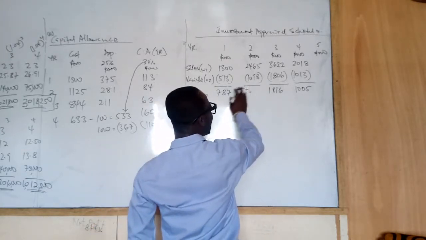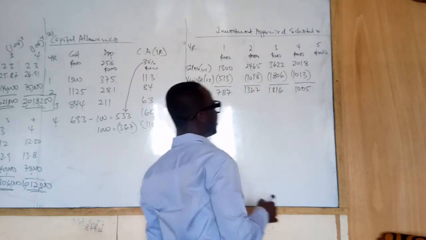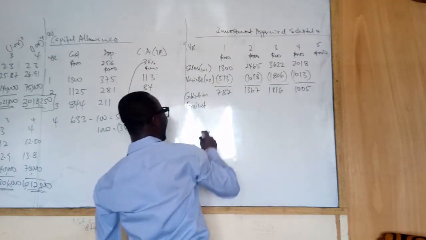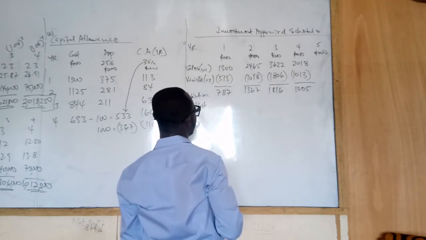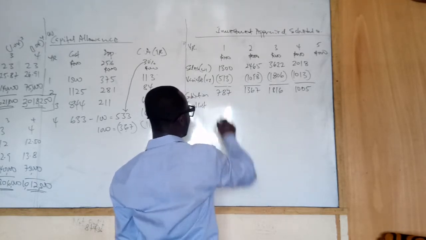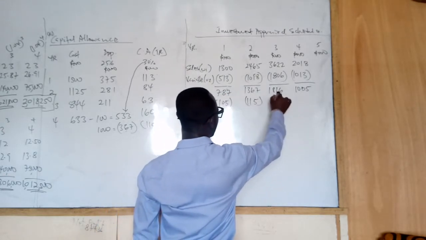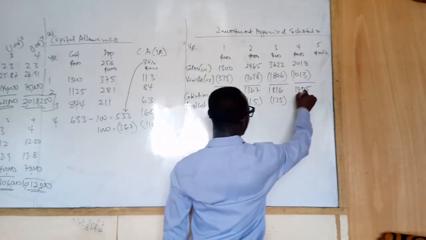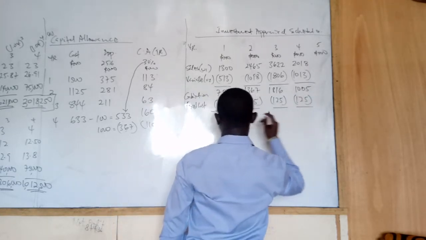You are getting 1367? Okay, you are doing right. Fixed cost was given in the question: 105, 115, 125. So let's get the profit.